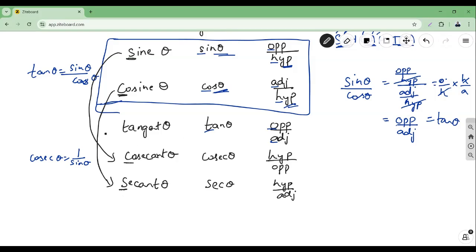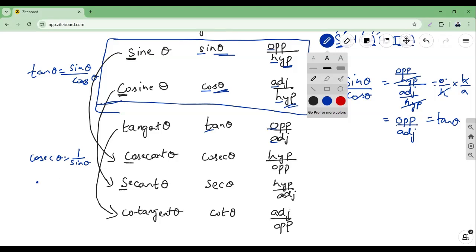Okay. So next, coming to tangent theta. What is the reciprocal of tangent theta? It's called cotangent theta. Cotangent theta is shortly written as cot theta, and it's the reciprocal of this. So adjacent by opposite.